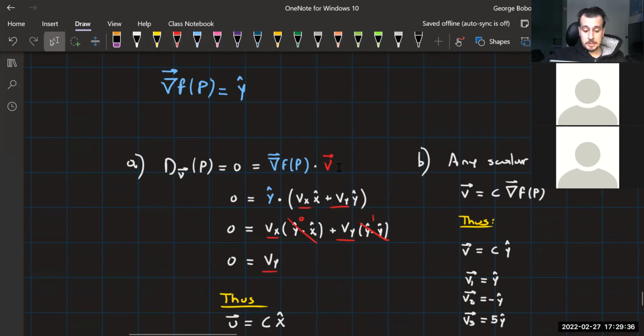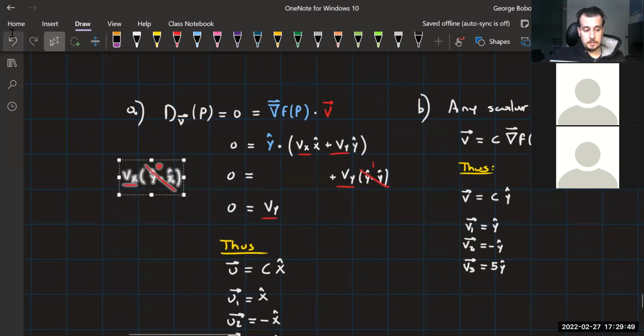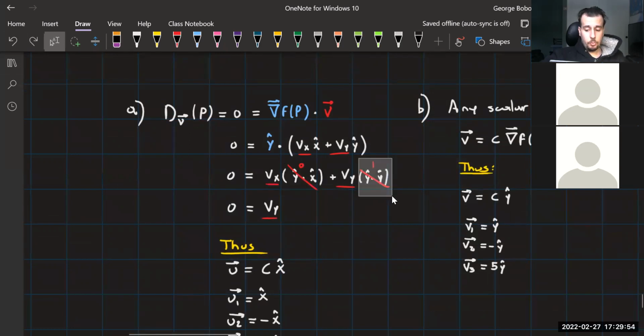The problem though is that when you carry the dot product, the Y dotted with X vanishes. So it kills this guy with it. Like the 0 takes away this completely, okay? But when you do the Y dotted with Y, this goes to 1, so this remains.